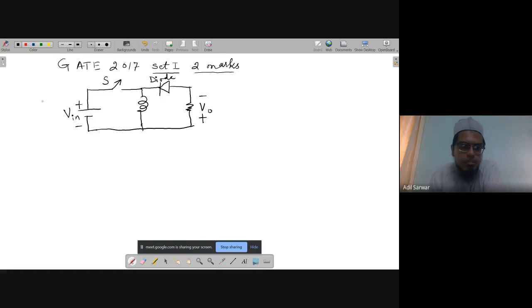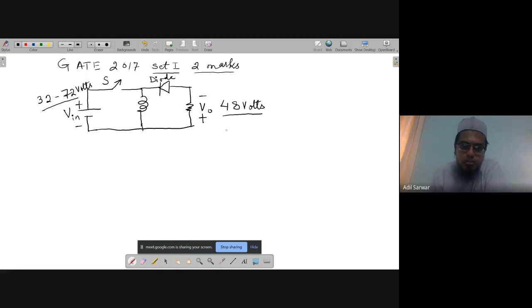The question is: the input voltage of a buck boost converter is varying from 32 to 72 volts, and the output voltage has to be maintained at 48 volts.